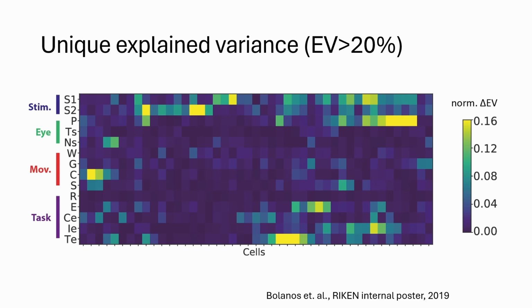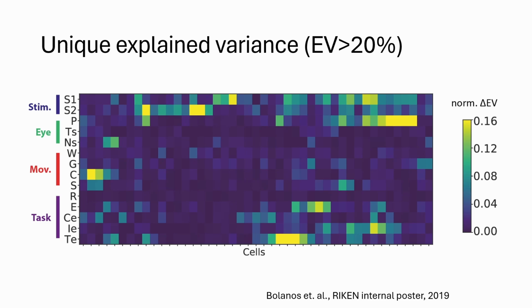And then now I can go into a different kind of analysis, which is called unique explained variance. And what that is, sometimes your features are correlated, right? What I mean by that is, let's say that every time the mouse receives a water reward, the pupil size increases.